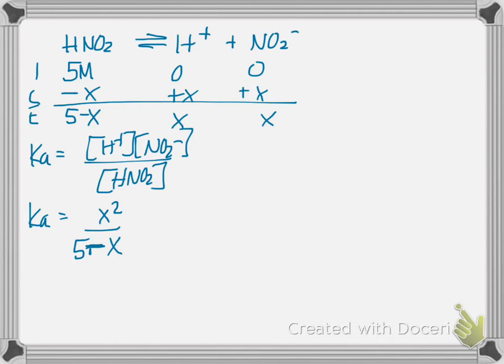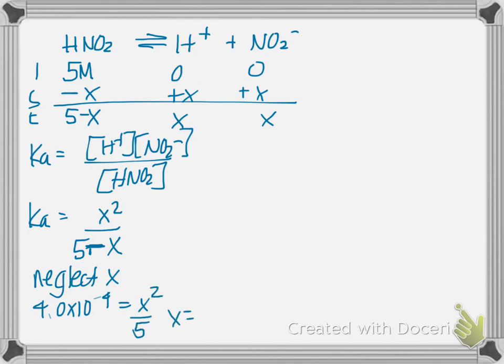Yes. I'm going to run out of room, so I'm going to put this over here. 4.0 times 10 to the negative 4 equals X squared over 5. So X is going to be equal to 0.0447.